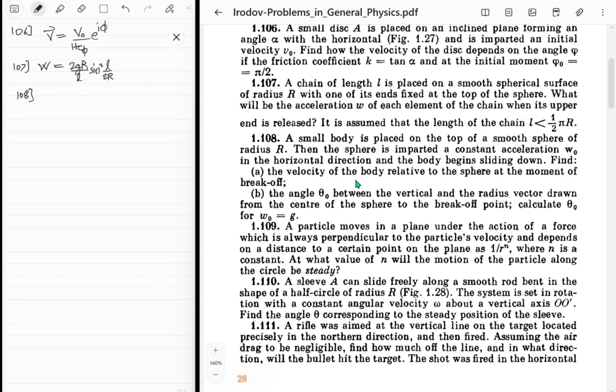Find the velocity of the body relative to the sphere at the moment of break-off, and the angle between the vertical and the radius vector drawn from the center of the sphere to the break-off point. Also calculate this for W naught equal to g.